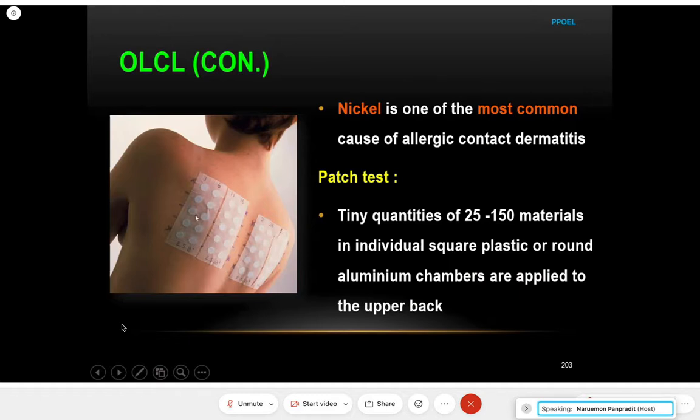Some dental materials like silver, amalgam, gold, or copper, any material that can be a composition of dental material, are put in a bag on the patient, and then they leave it about 24 hours and pull it out to see the reaction, and they report that this patient is allergic to mercury, this patient is allergic to nickel. So you can use that data to compare which material the patient contains.